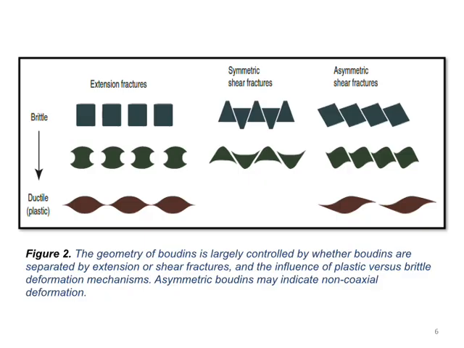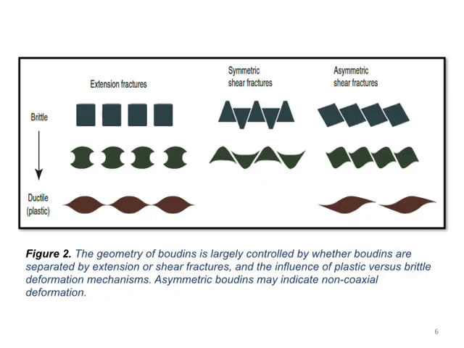Whereas in the middle and bottom rows, even in ductile regimes, this asymmetry remains visible, but the boudins are more rounded and stretched. The geometry of boudins is largely controlled by whether boudins are separated by extension or shear fractures, and the influence of plastic versus brittle deformation.